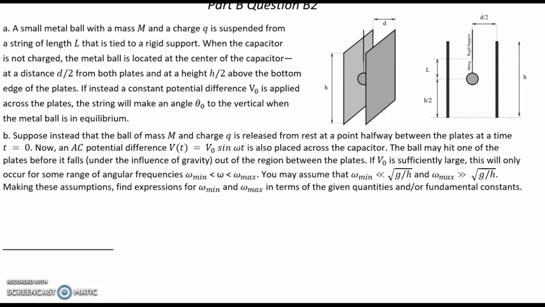Question B. Suppose instead that the ball of mass m and charge q is released from rest at a point halfway between the plates at time t equals 0. Now an AC potential difference V as a function of t equal V0 sine omega t is also placed across the capacitor.